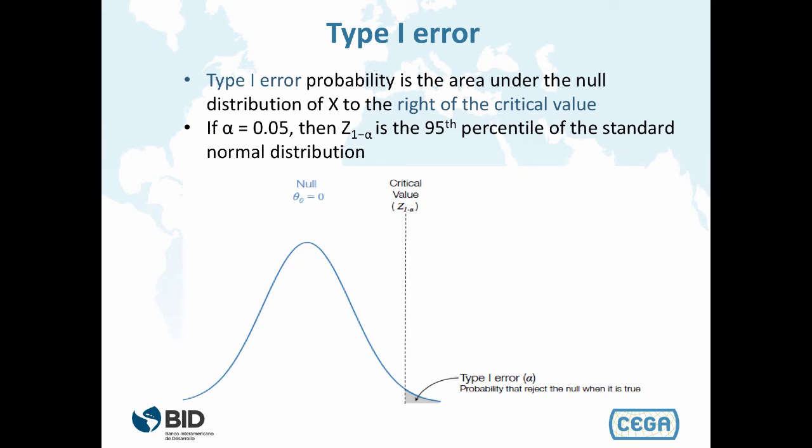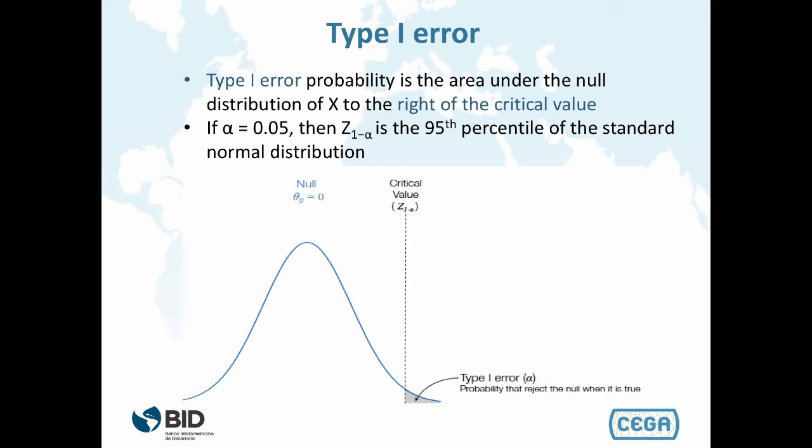We can get some intuition as to type 1 and type 2 errors by looking at the distributions of the variables. Type 1 error is the probability that the area under the null distribution of the variable x to the right of the critical value.